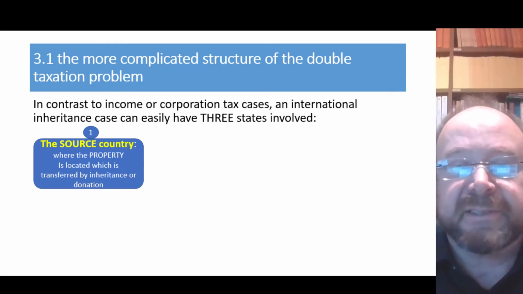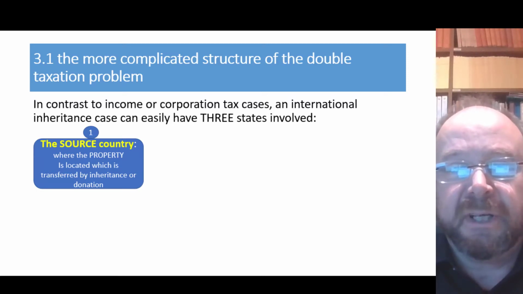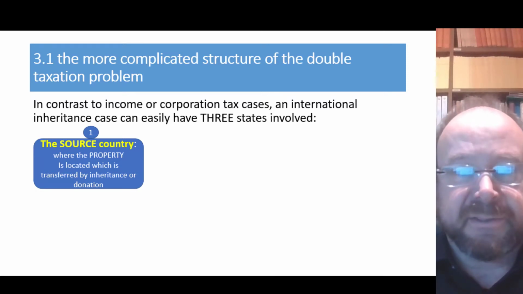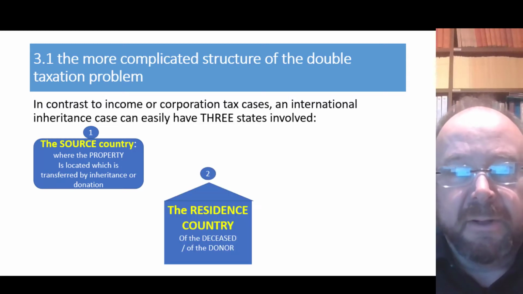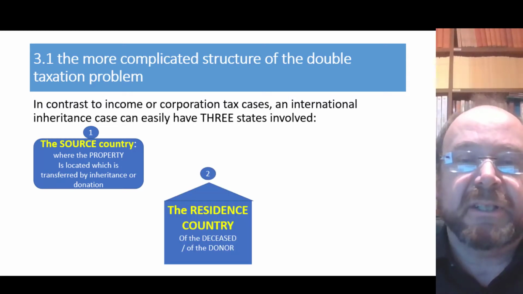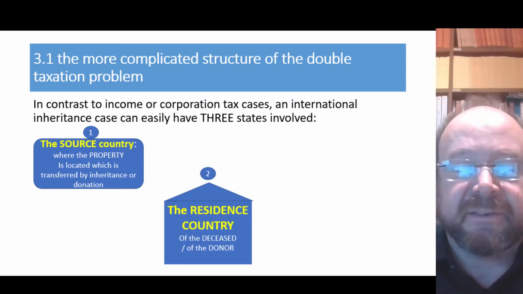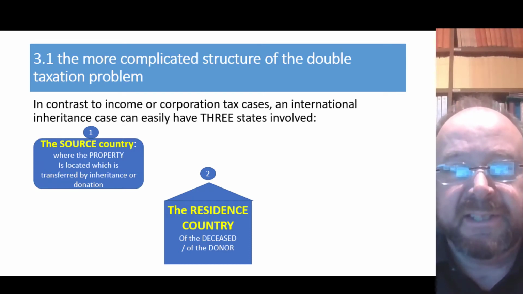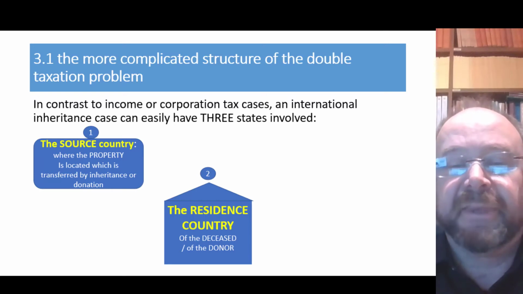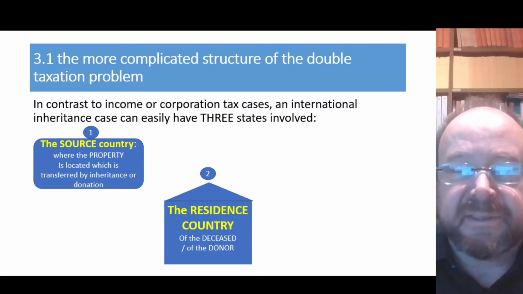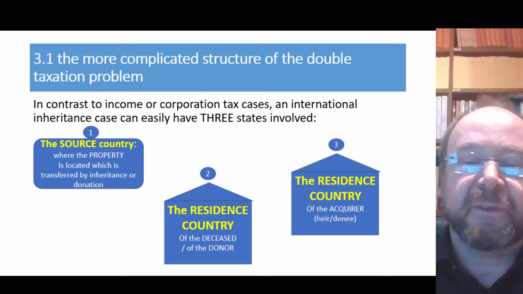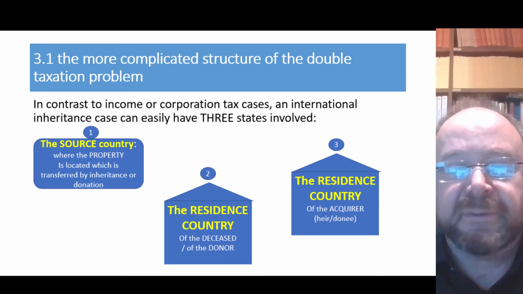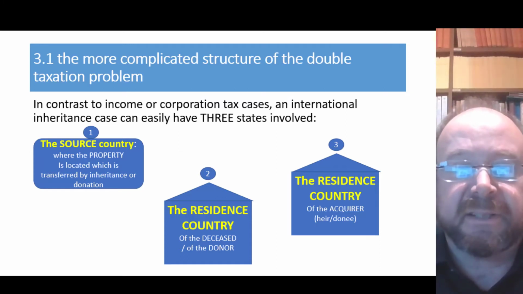This house now passes over to a new owner by inheritance, for example. Now, there will also be a worldwide taxation in the residence country of the previous owner, of the deceased person or of the donor. Now, there is also another person involved, the acquirer, the person who gets it, and that person might also live in a different residence country.